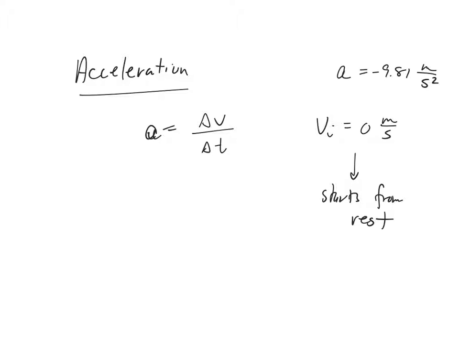I just have a question because I know I brought this up before about Vf. In some problems will it be 0 as opposed to other problems, or will it always have a value over 0? If the problem says, find the distance it takes for the object to eventually come to rest, then Vf is 0, because it's coming to rest versus starting from rest, right?